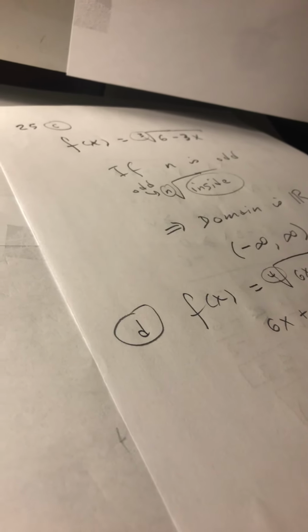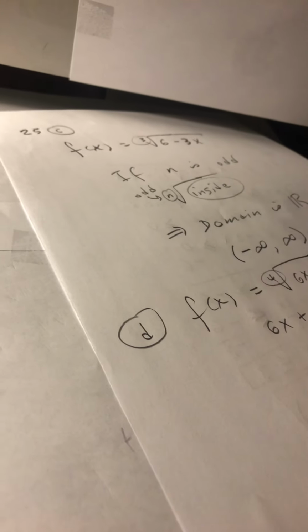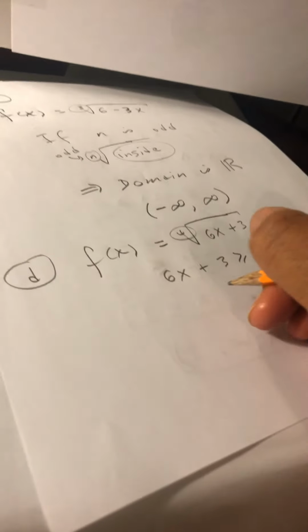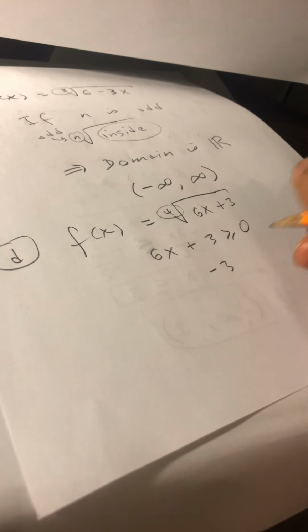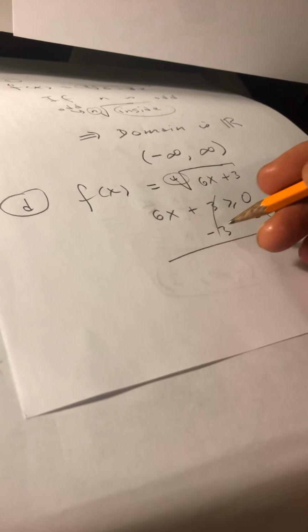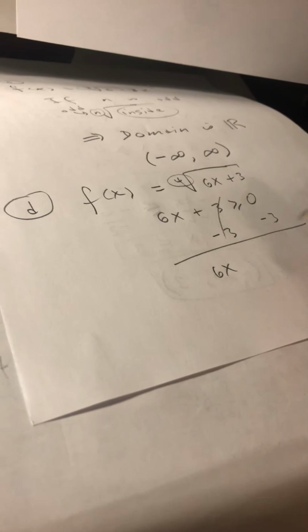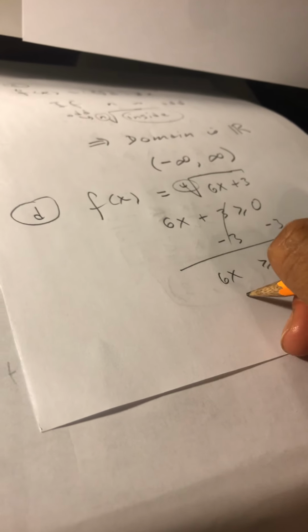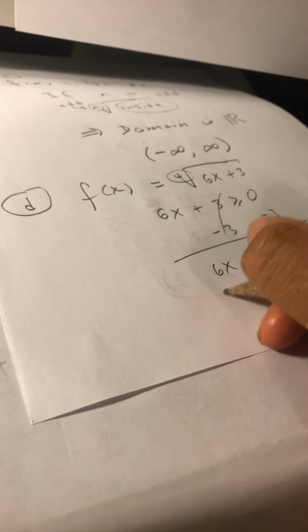And what we talked about before for the first example we did, now we're going to have to subtract 3 from both sides. And you're going to have 6x is greater than or equal to negative 3. Then you're going to divide by 6.